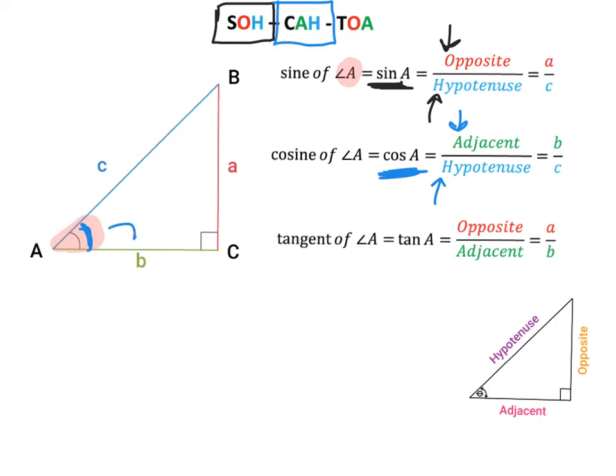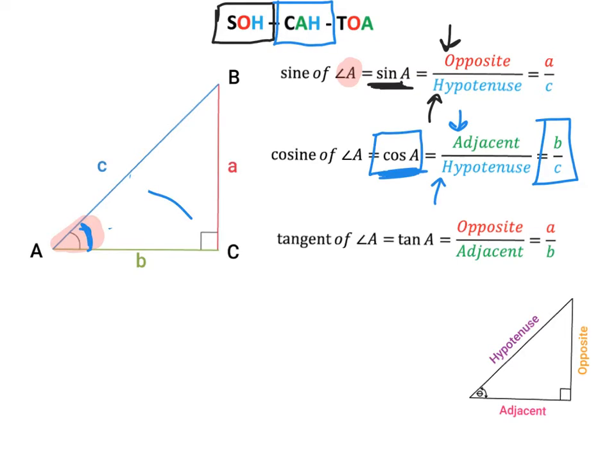So the adjacent is going to be side B, the hypotenuse is side C. And so that's why the cosine of A is equal to the adjacent over the hypotenuse, B divided by C.